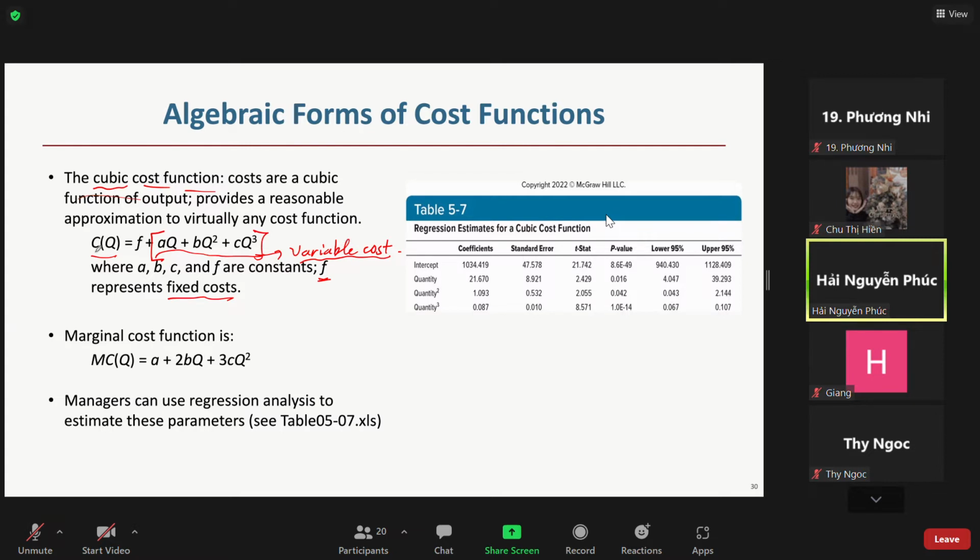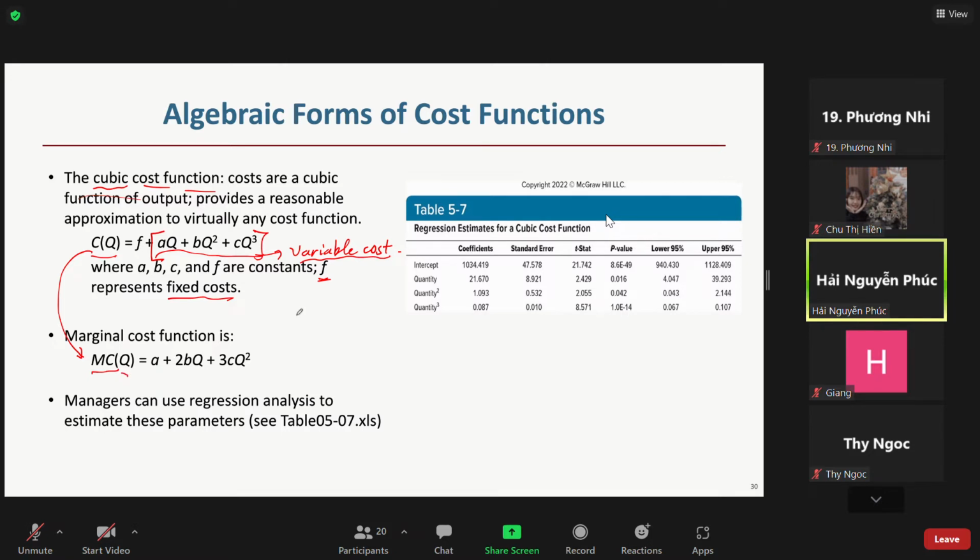Now, based on the cubic cost function, we can find the marginal cost function. Here is the marginal cost function, MC as a function of Q, right?